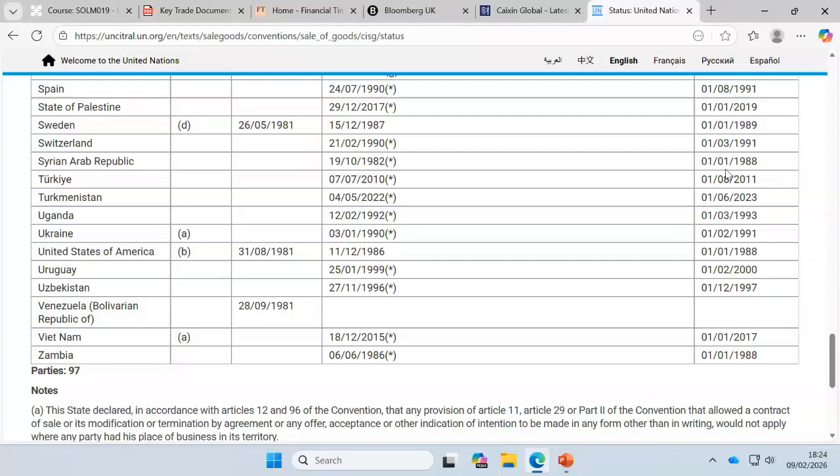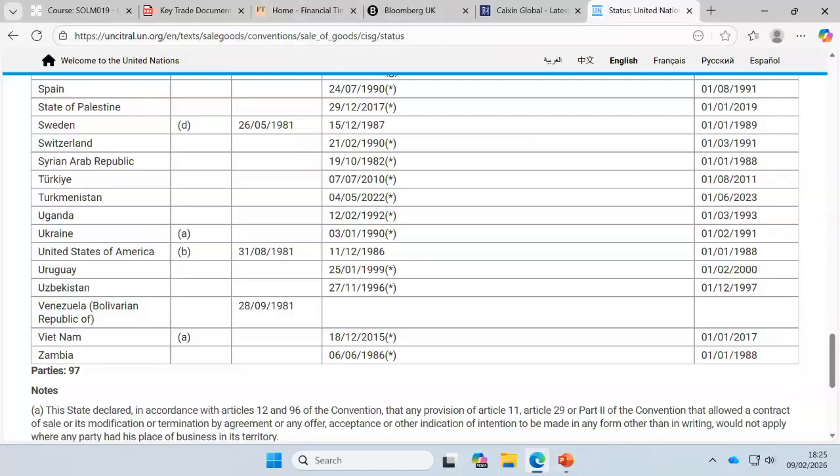But what we can say is that this framework is widely adopted, particularly if we think of it as a private international law treaty, a treaty that establishes a framework for international sales of goods contracts.